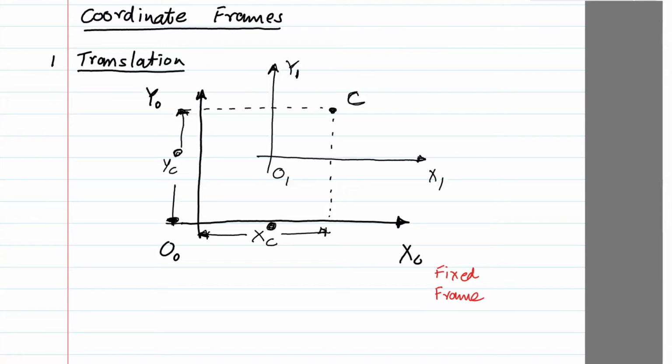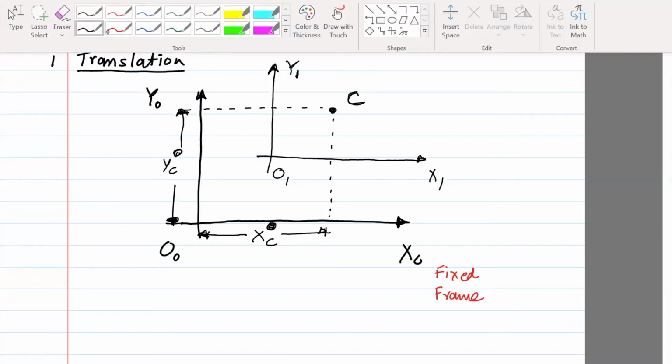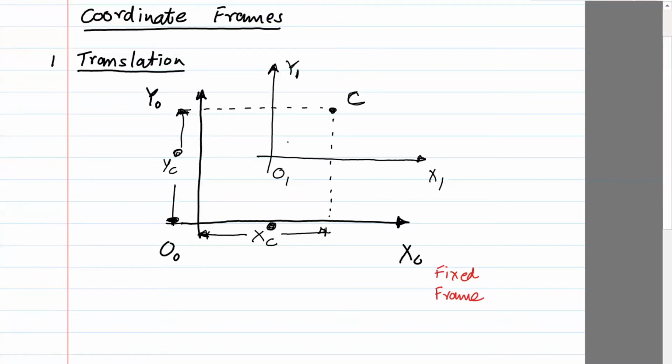Okay, we can also describe the position of C with respect to a moving frame, which is in this case the frame 1. So here we have YC, XC, but I'll put a superscript of 1. So always in this course, when you see a superscript, it will be used to denote the frame about which I'm describing the motion.